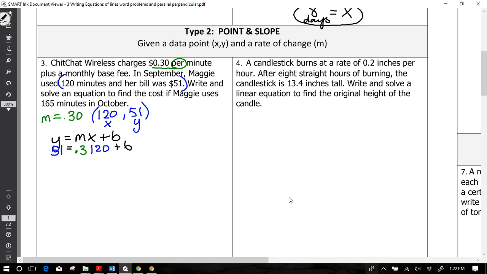Solve for b and wrap this up in parentheses. 30 cents times 120 is 36. I'm ready to subtract 36 to get the b by itself.